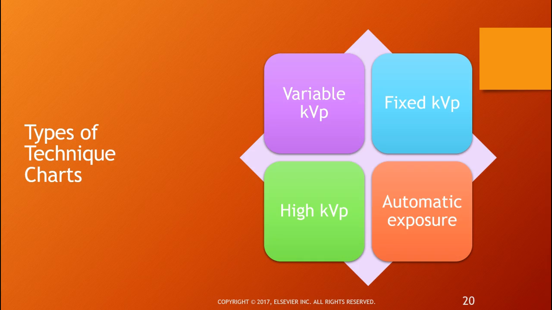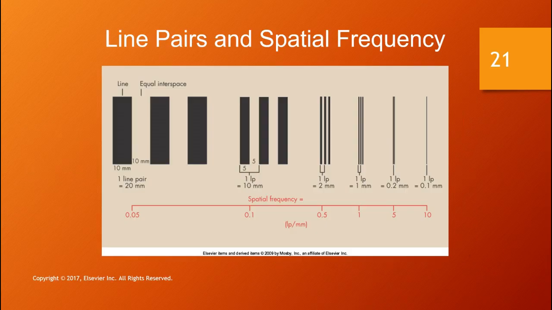These are for the high kVp exams, for instance, chest x-rays, and also barium imaging. As we remember, we are now at the 120 kVp for all of our barium images. Okay, that would be on a high kVp technique chart. If you had a fluoro room and that's pretty much all you did, that technique chart could be labeled a high kVp technique chart. And then automatic exposure using the automatic exposure control units.